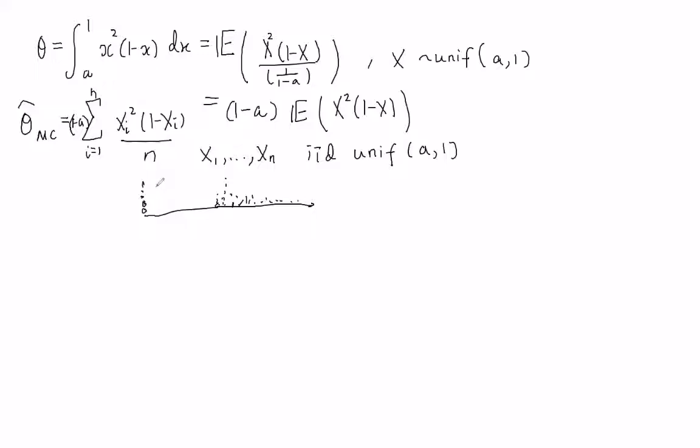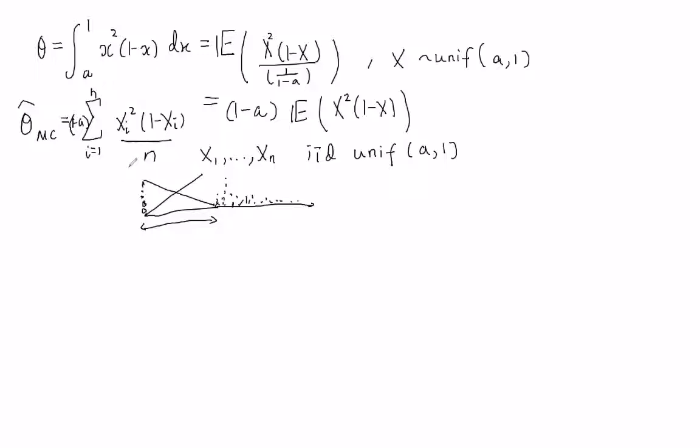So definitely you already cut out the variation across here. So this way of constructing a Monte Carlo estimator will have a better property in terms of the variance.